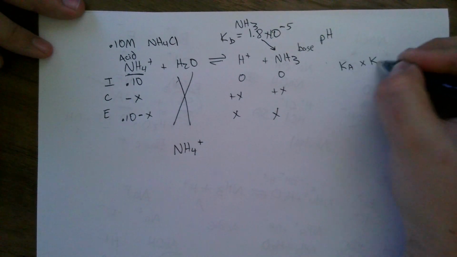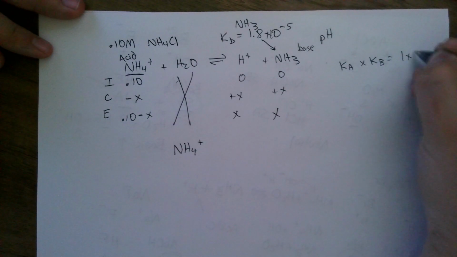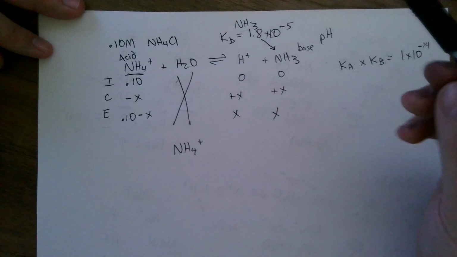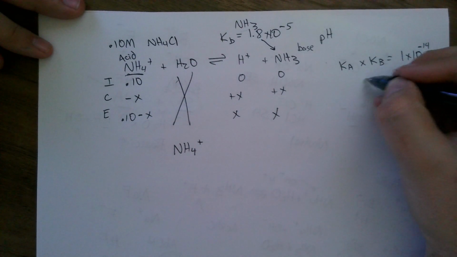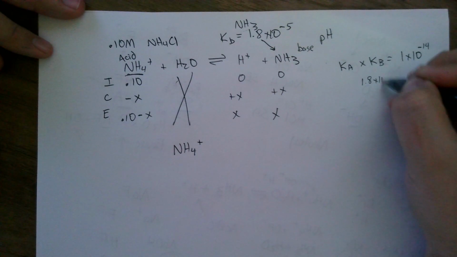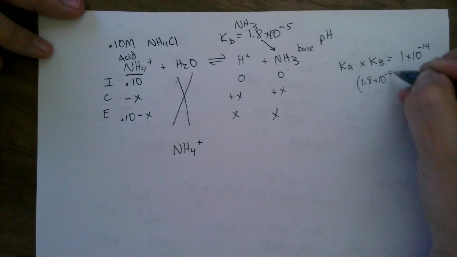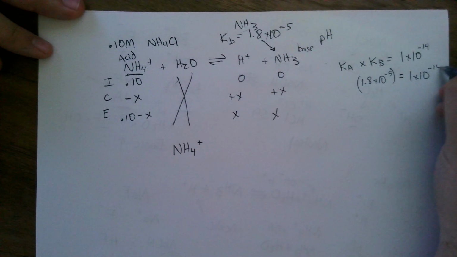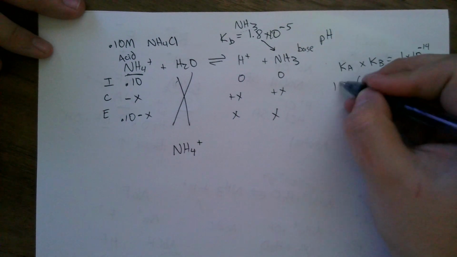If I multiply Ka times Kb, it equals the magic number, 1 times 10 to the negative 14th. I have the Kb of NH3. I'm going to plug that into this formula, and I can use that to find Ka.